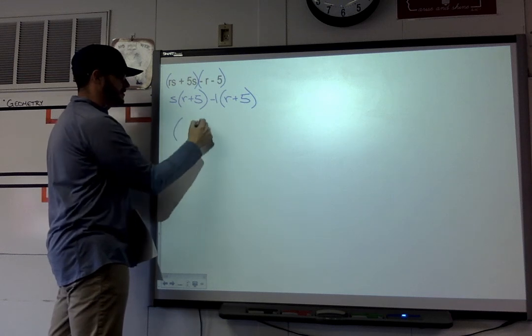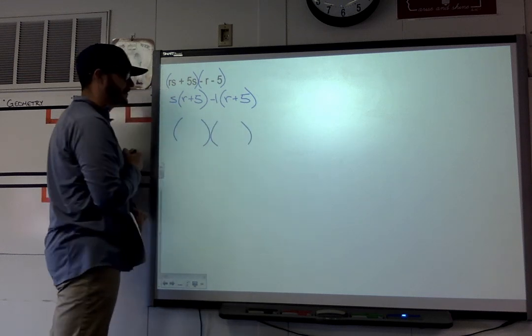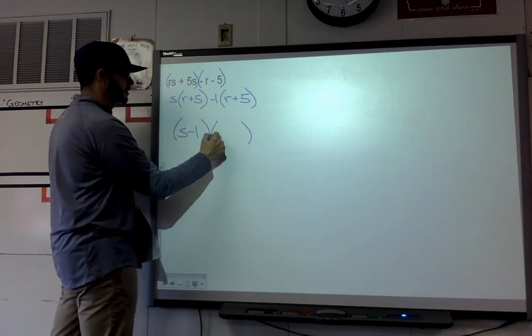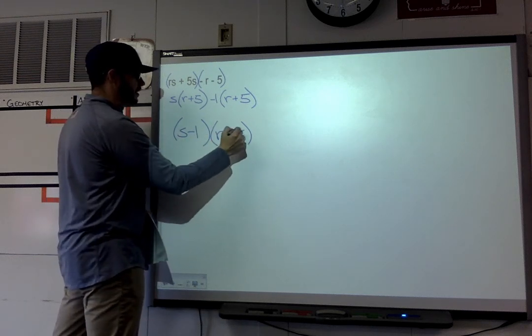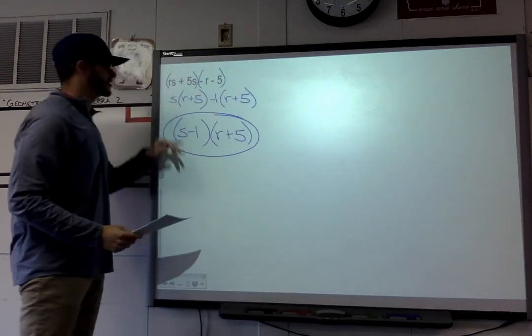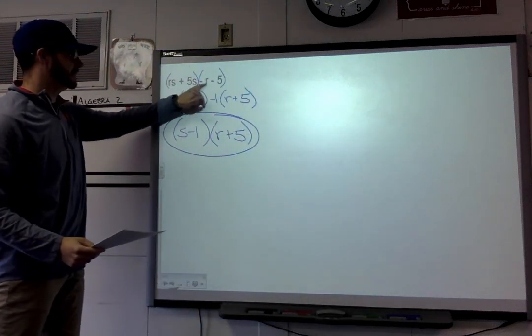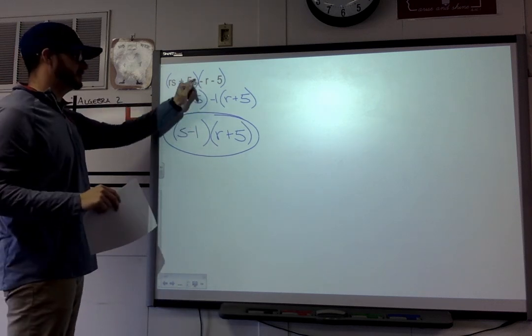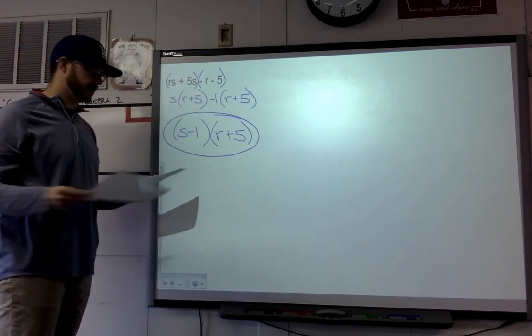So then for our two sets of parentheses for our answer, we would have S minus 1 times R plus 5. So just make sure that you pay attention to that middle term, whether it's subtracting or adding, and knowing if you need to pull a negative out of there or not.